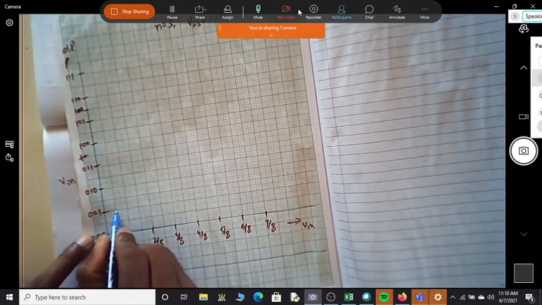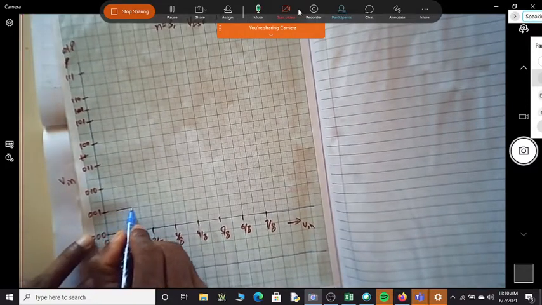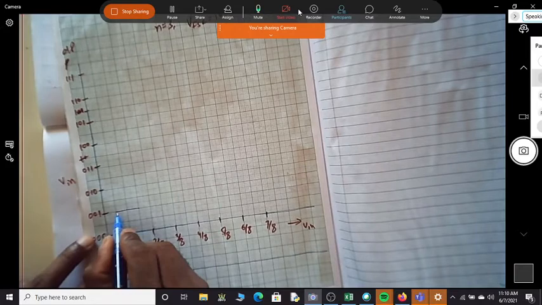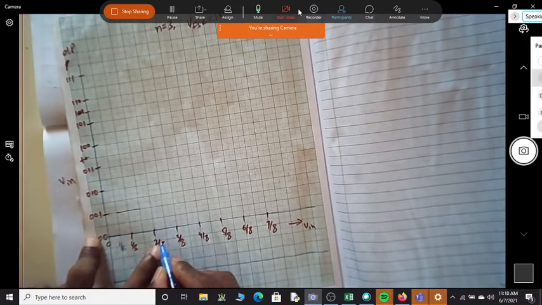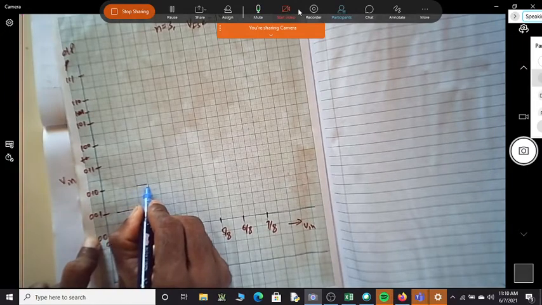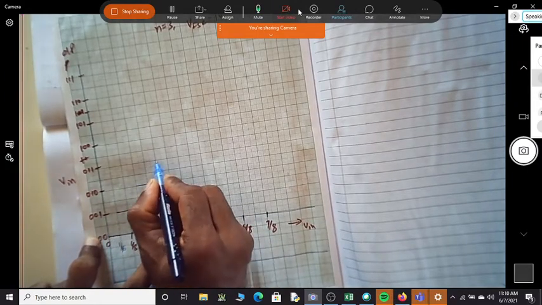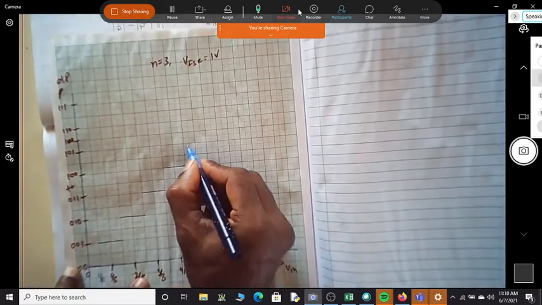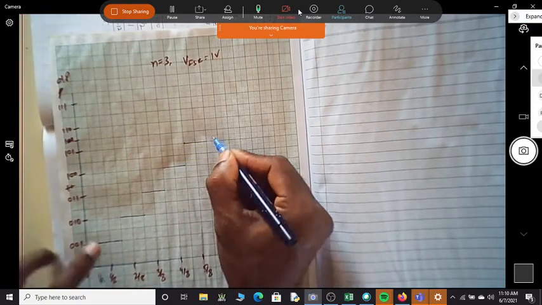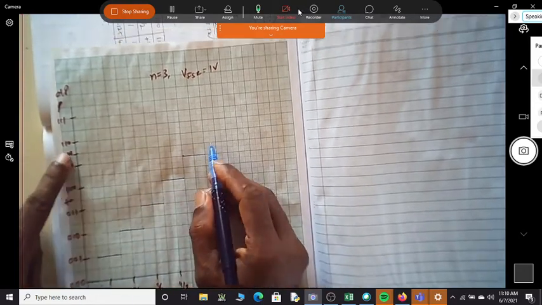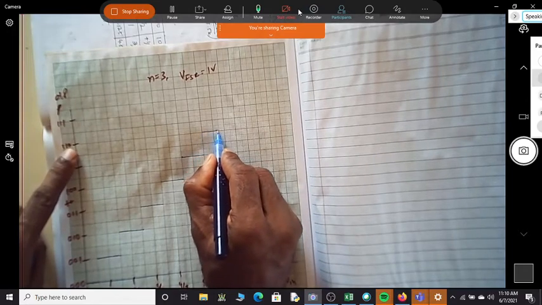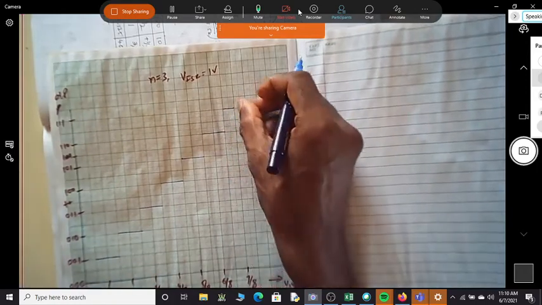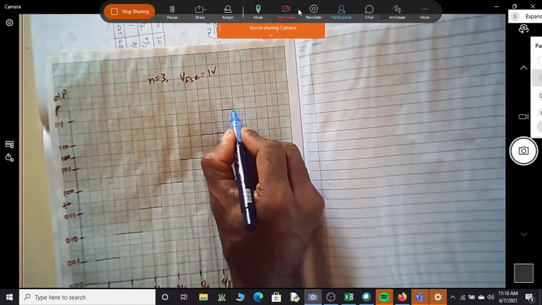Then from 1/16 to 3/16, it is 001. From 3/16 onwards it is 010, then 011, then 100, 101, 110, and the final code 111. The input voltage is not going beyond this. If you want to go beyond that, you can write it.